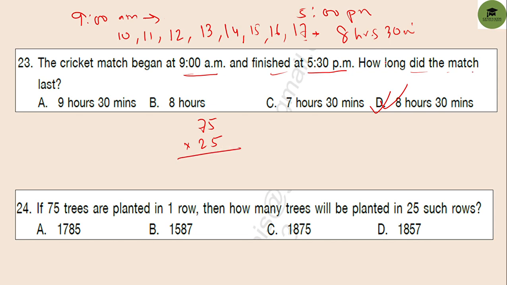So what will be the answer? 5 into 5, 25. 5 into 7, 35, plus 2, 37. 5 into 2, 10. 7 into 2, 14, 15. The answer is 1875. So option C is your correct answer.